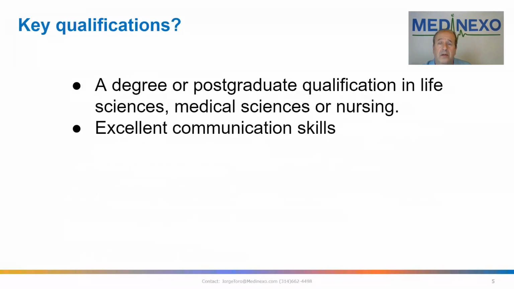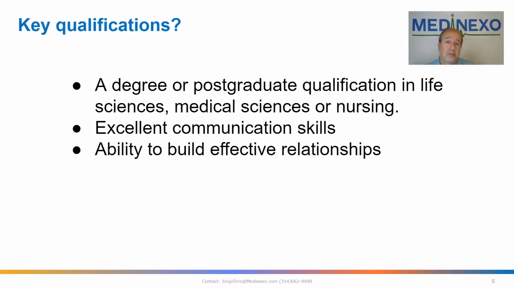Communication skills are the first thing that you interview for in a CRA. Can they communicate well with all the parties? Can they communicate verbally and in written language as well? Now, do they have the ability to build effective relationships? This doesn't necessarily mean that you have one type or another type of personality. It means that you have to have the ability to build effective relationships.